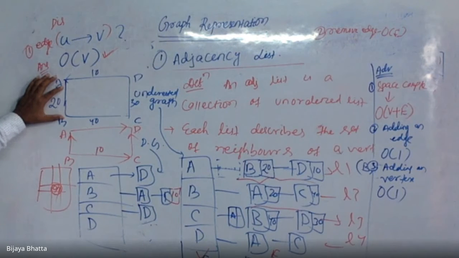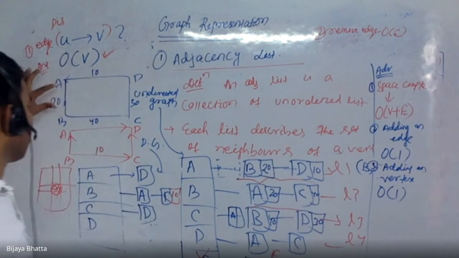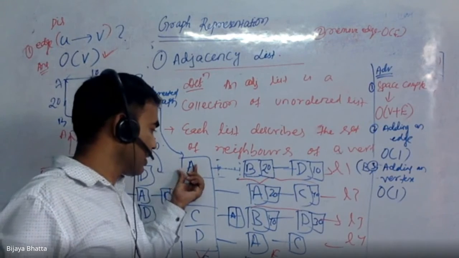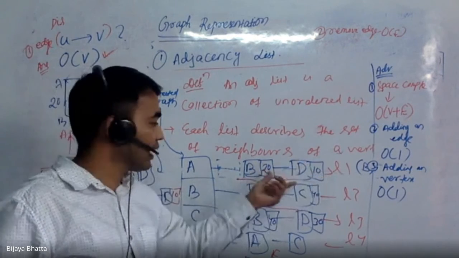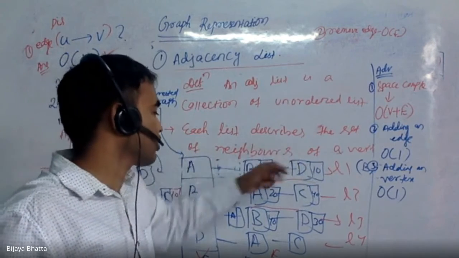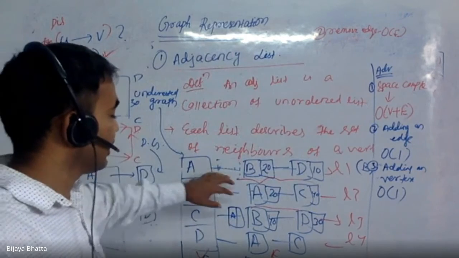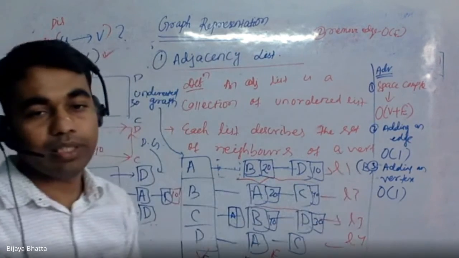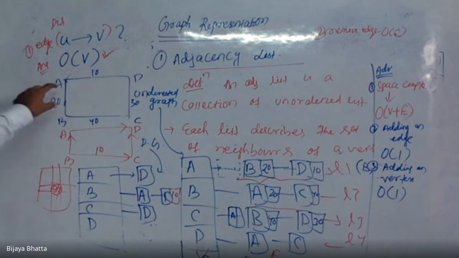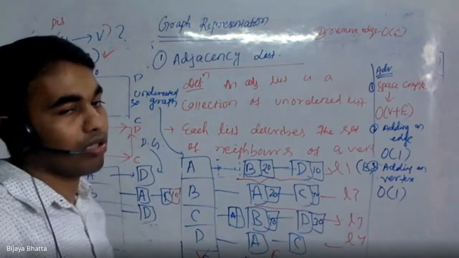I need to traverse this A and find out what all edges are there, and scan all the edges. Whichever is B, when found, you need to remove it. Again, you need to go for B, find it and remove it. So it will search for all the edges, and if it finds that edge, it will remove it. That's why it is going to take order of E.